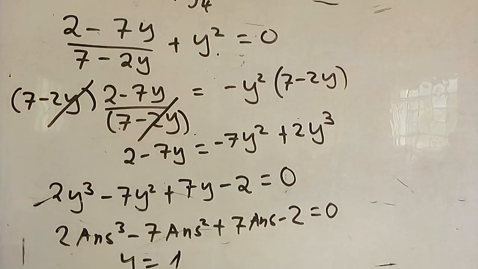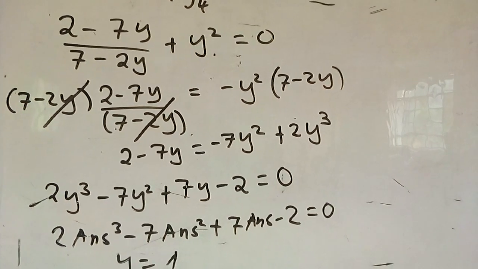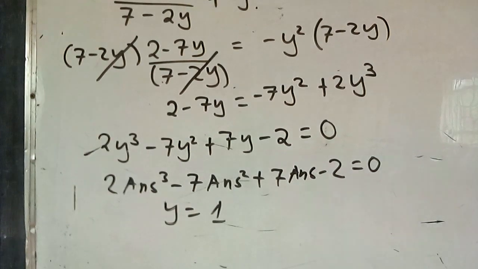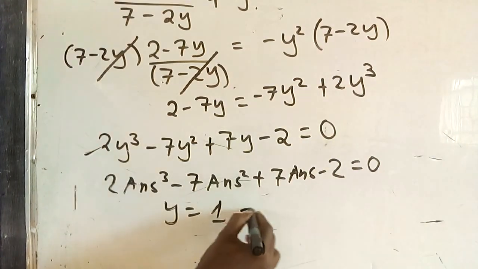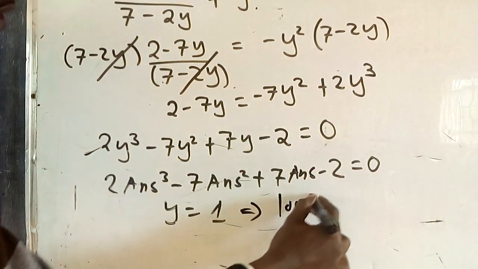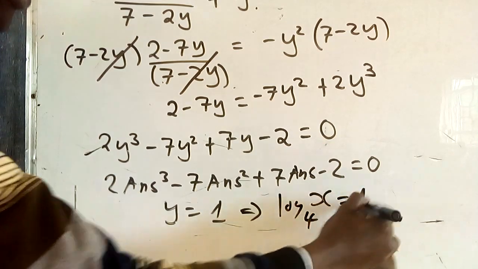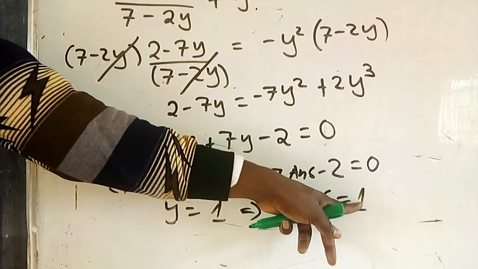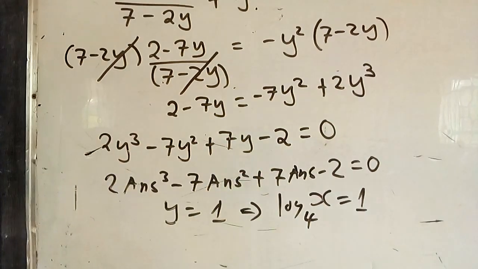But what was y? y was log x to base 4. So where there is y, we put the value of y. This implies log x to base 4 is equal to 1. So our base is 4, the index is 1, and the corresponding number is x.